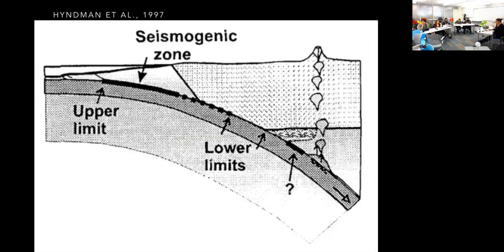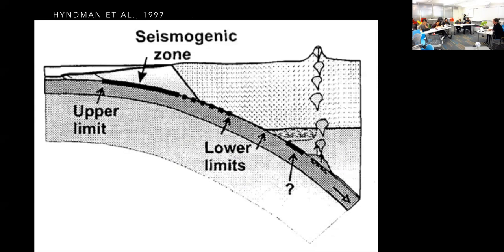Okay. So fast forward another few decades. This is a paper from Roy Heinemann, who works at the Pacific Geoscience Center in Sydney. And by now, we have the concept of a seismogenic zone.